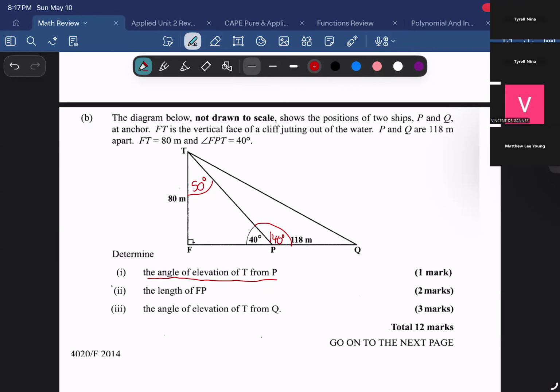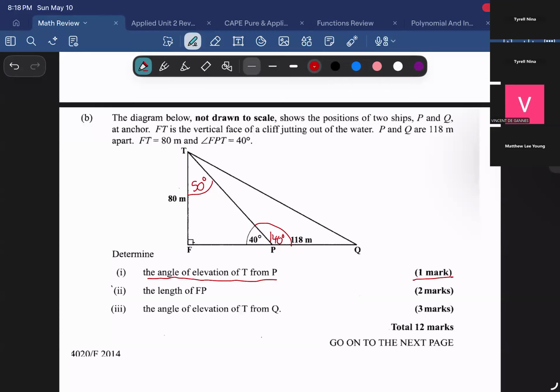So I get this question and I say, okay, what do you mean, of T from P? Again, I look to see if I can pull out anything else. I look at the number of marks it's worth.